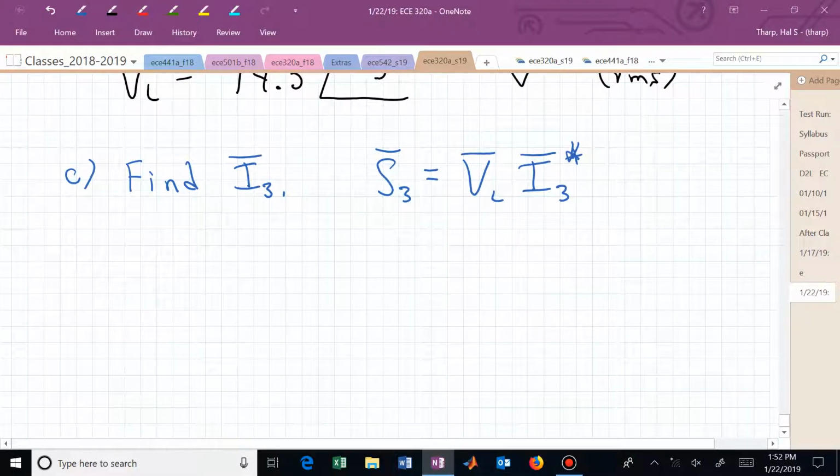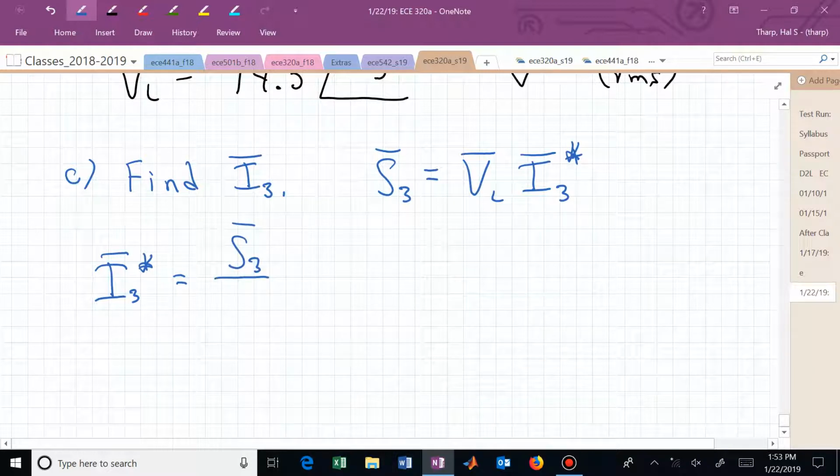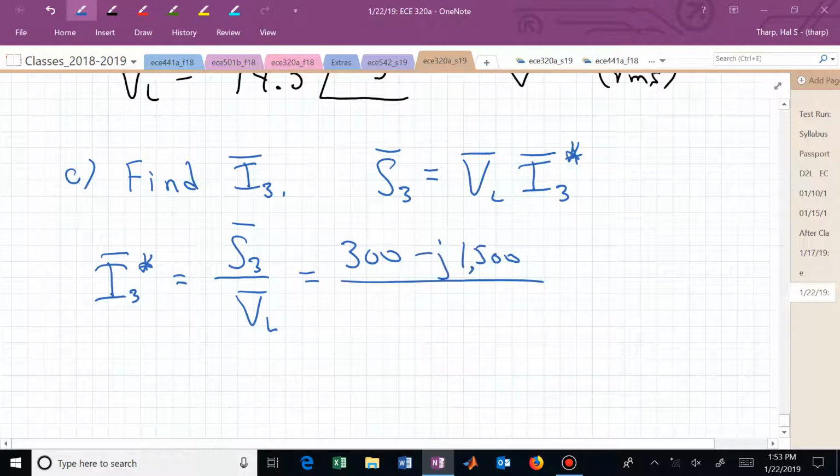That's the conjugate of I sub 3. Solving for that, we can see then that the complex conjugate of I sub 3 is S sub 3 divided by V sub L. That's now 300 minus j1500, all over 94.3 at an angle of minus 5 degrees.